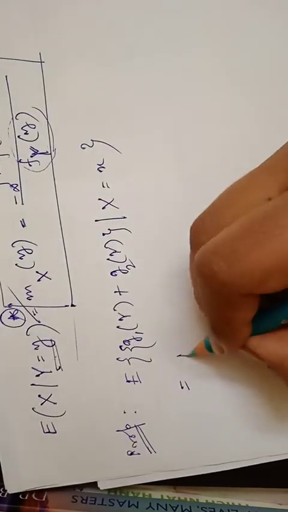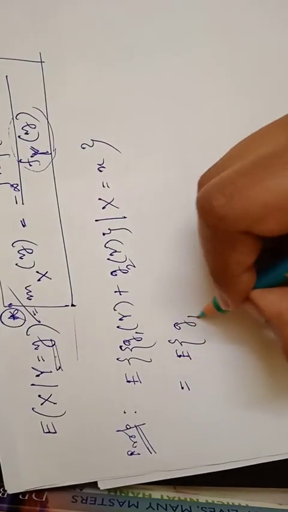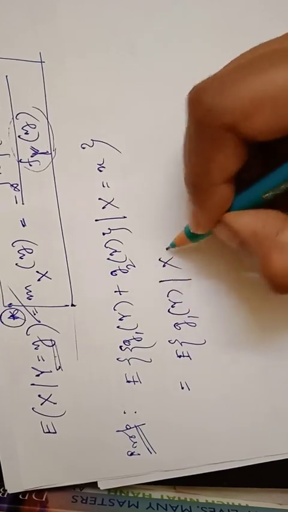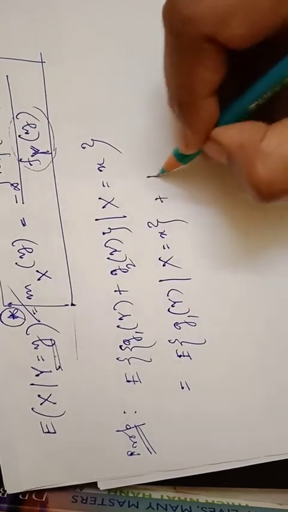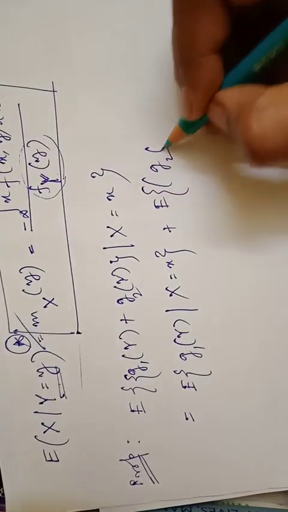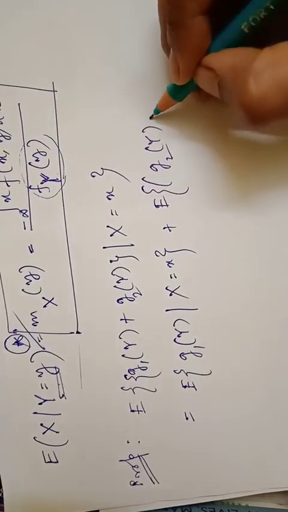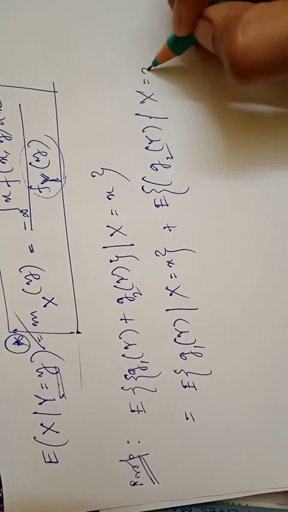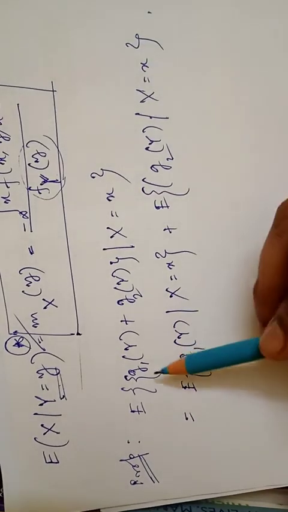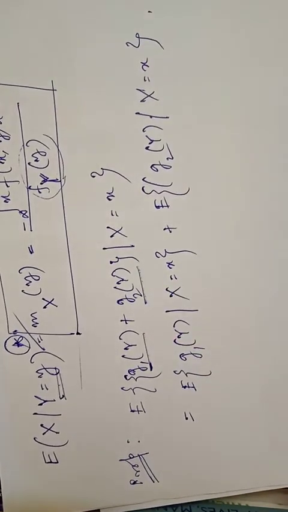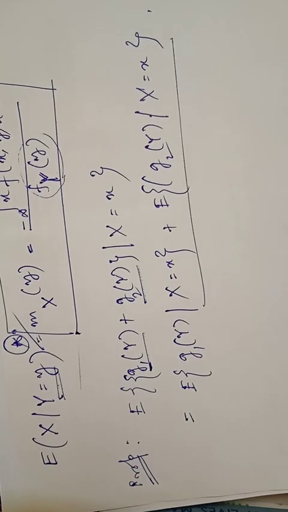This can be written as the expectation of g1 when x has occurred plus the expectation of g2 when x has already occurred. That means we can just split the expectations. This type of property is very common, which we have already discussed in the previous class. Proof is very easy, you can check it from the book.